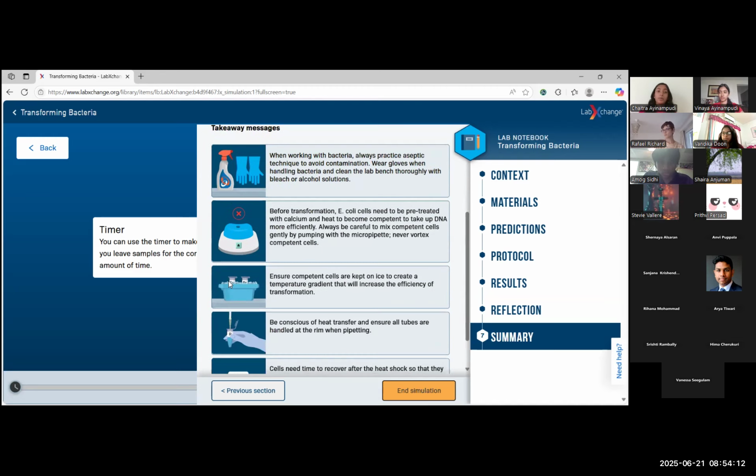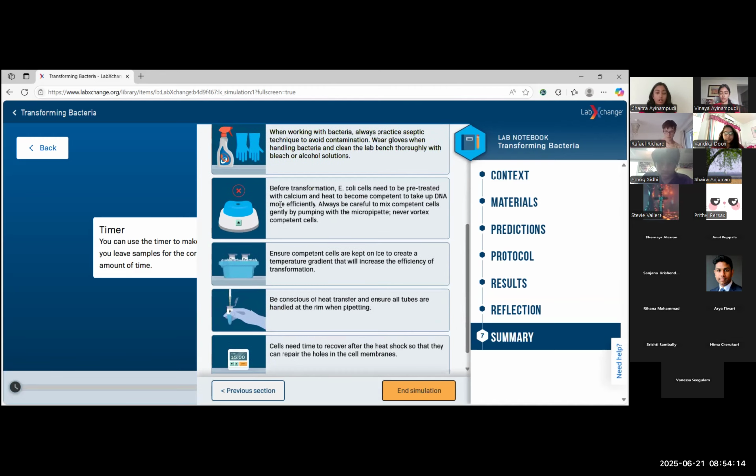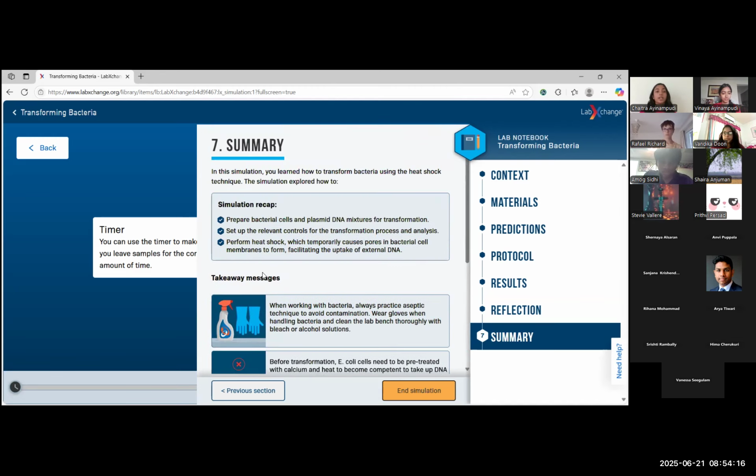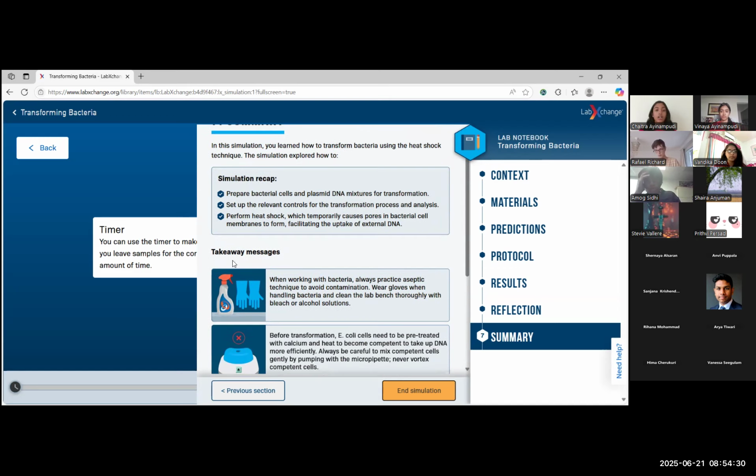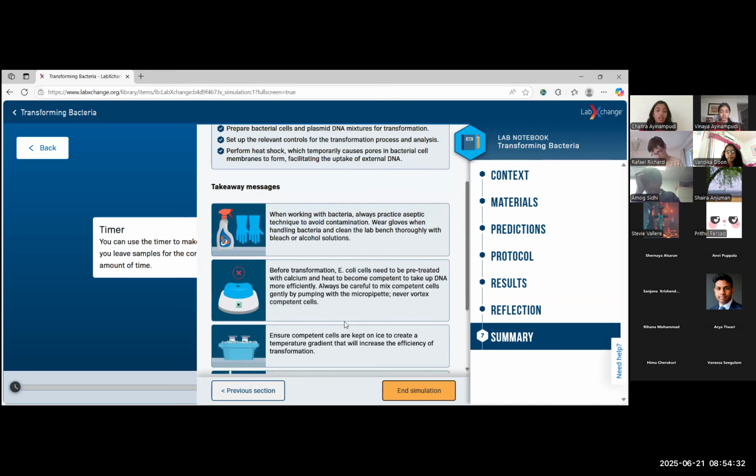So these are the main things that you should be looking at right now, the summary. The summary will help you if you're going to be doing in-person labs for your research projects, for science fair, or any other things that you're going to go into a lab for. It is important to be clean.